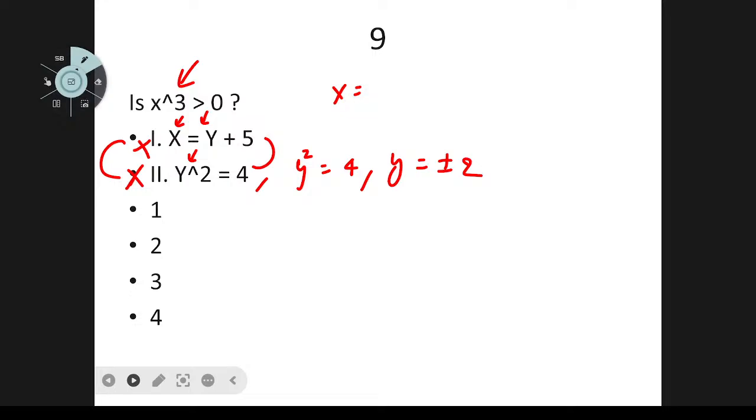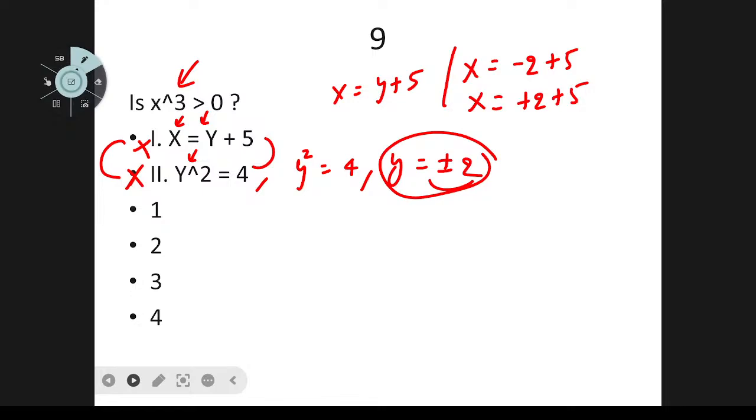So x is equal to minus 2 plus 5 or x is equal to 2 plus 5, because the y value can be plus or minus 2. So both conditions are there.